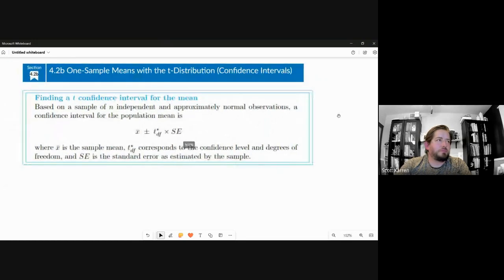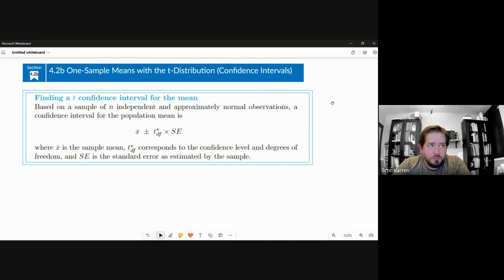So if we want to find a t-confidence interval for the mean, it's very similar to finding the confidence interval for the mean using the z star. We're going to use the t star instead here because we're going to be using a t chart.